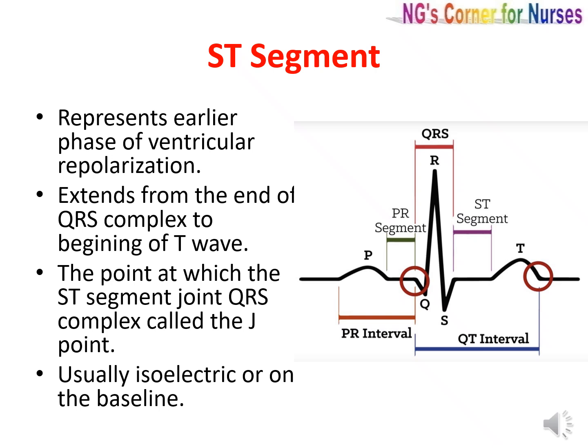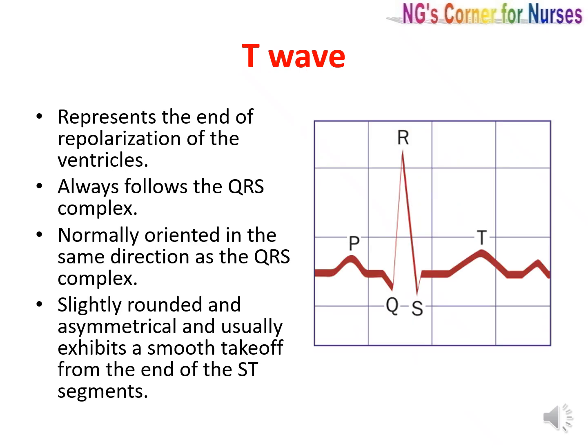and many other conditions. T wave represents the end of repolarization of the ventricles. It always follows the QRS complex, normally oriented in the same direction as the QRS complex, and it's slightly rounded and asymmetrical and usually exhibits a smooth takeoff from the end of the ST segment.